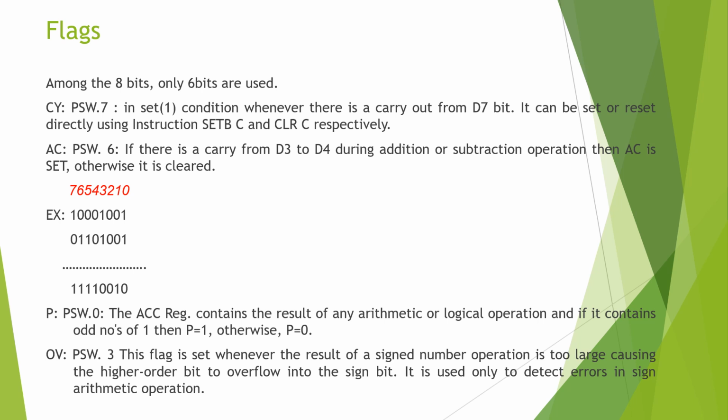As the carry is generated from the D3 bit and transferred to the D4 bit, after this addition operation the auxiliary carry flag is in the set condition. Otherwise, if this type of carry is not generated from D3 to D4, in that case the auxiliary carry flag is in the reset condition.